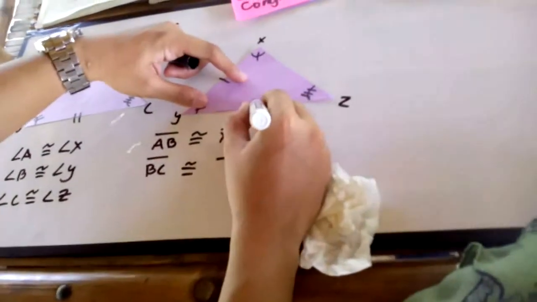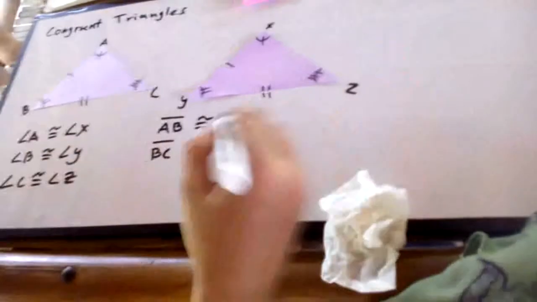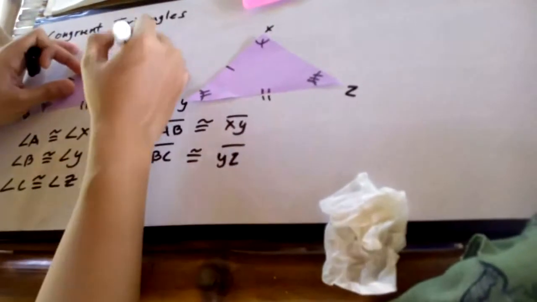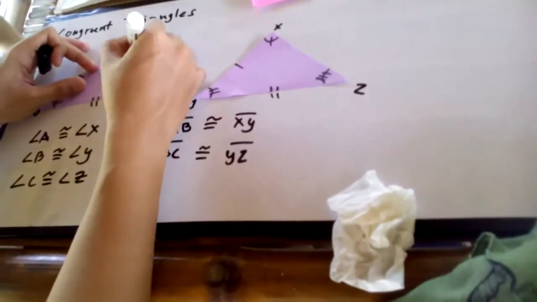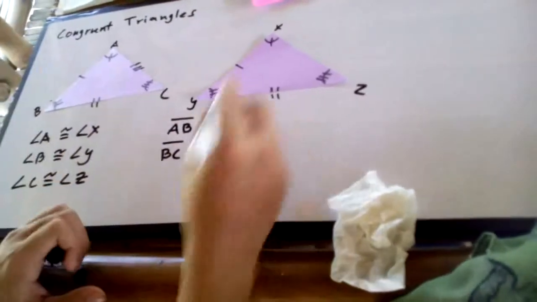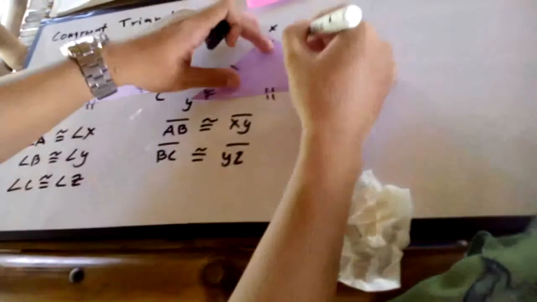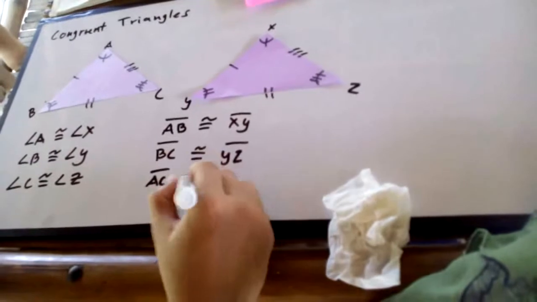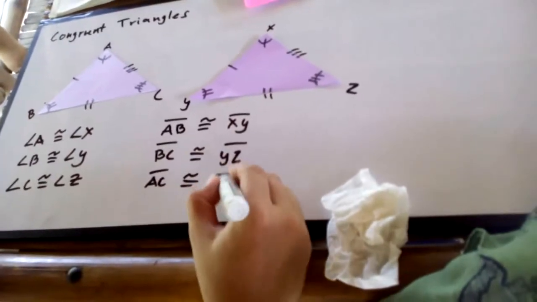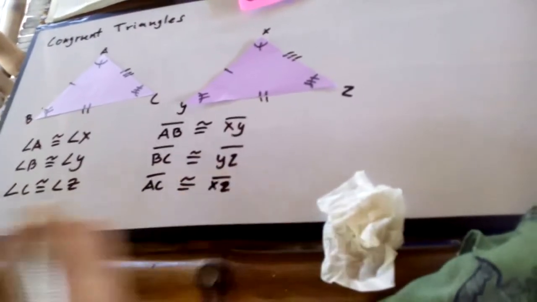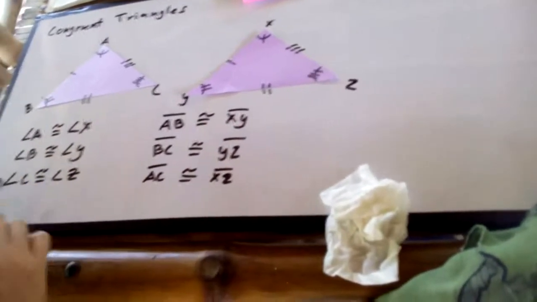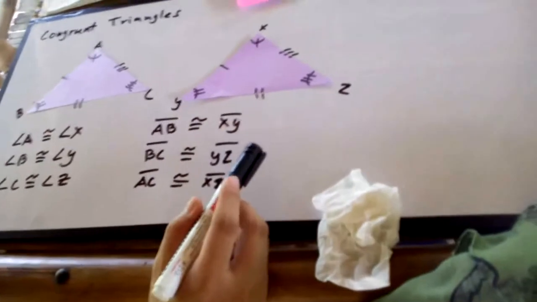Of course, side YZ. And the last one, side AC, is congruent to side XZ. Okay, so now we know the corresponding angles and the corresponding sides.